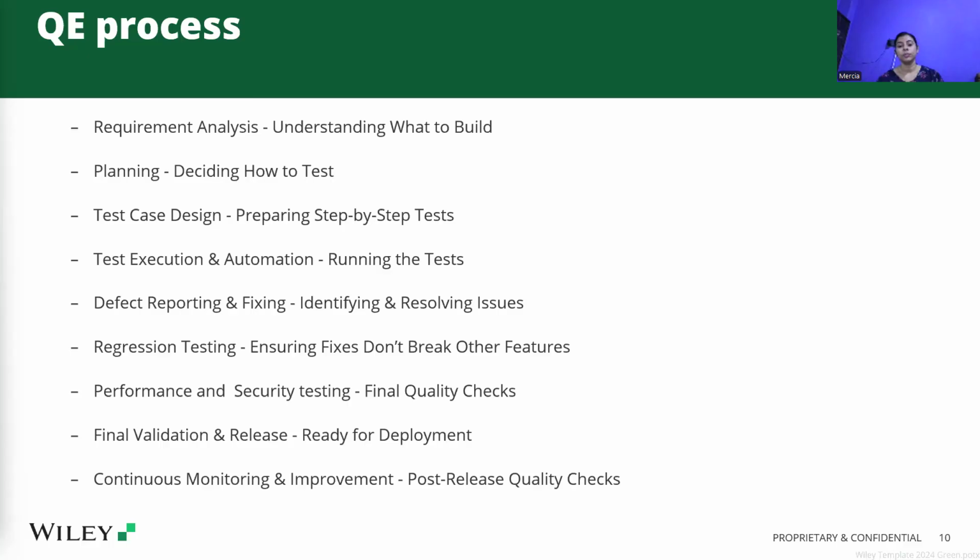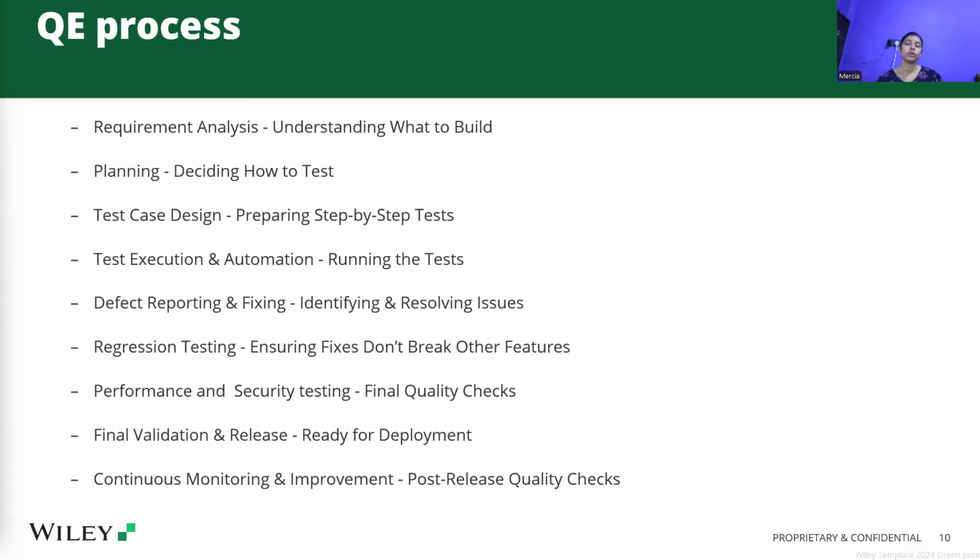Once the developer fixes it, a tester should verify the fix. Then we run the regression testing, so that the fixes done by the developer do not break the other features.